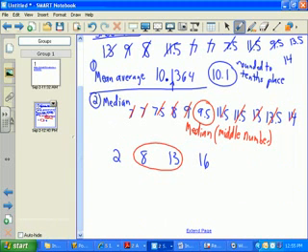So you would add them up, divide by 2. You average 8 and 13, so 8 plus 13 is 21, divided by 2, and you get 10.5. So 10.5 would be our median size. Okay, that's how you'd find it.